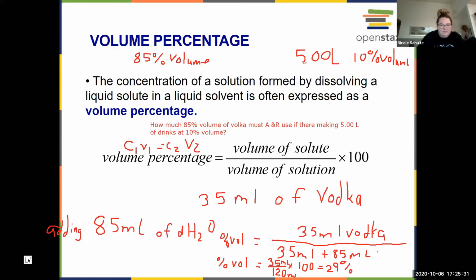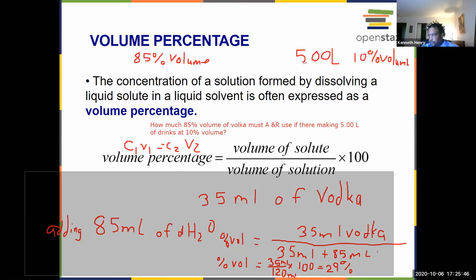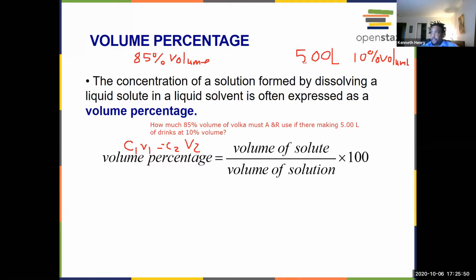Since our percentages are concentrations, correct? Right, since your percentages are concentration. Okay, so what is our C1? 85%.